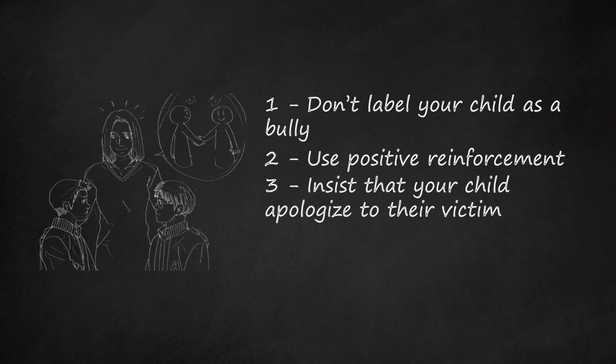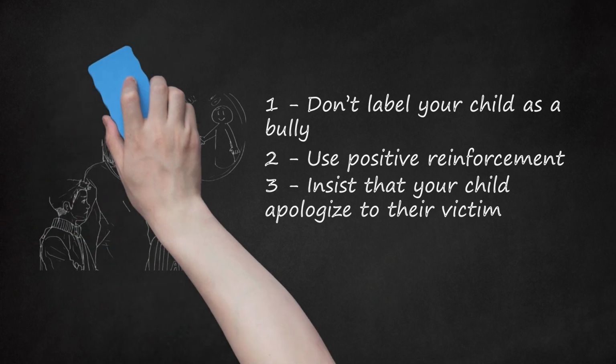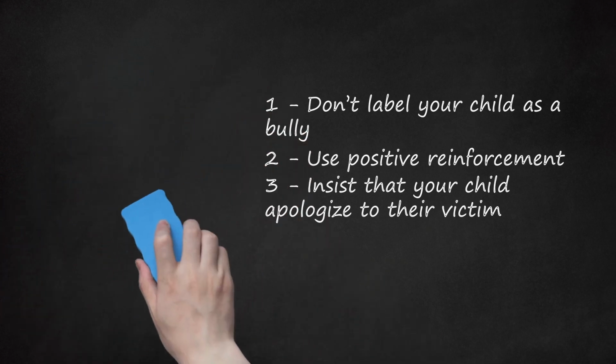If you hear of bullying from teachers or other authority figures, you should help your child understand why their behavior was wrong and ensure they feel sorry for their actions. Have them write a letter to the person they bullied explaining how sorry they are, and promising that they won't do it again. Have your child give it to the person they bullied.